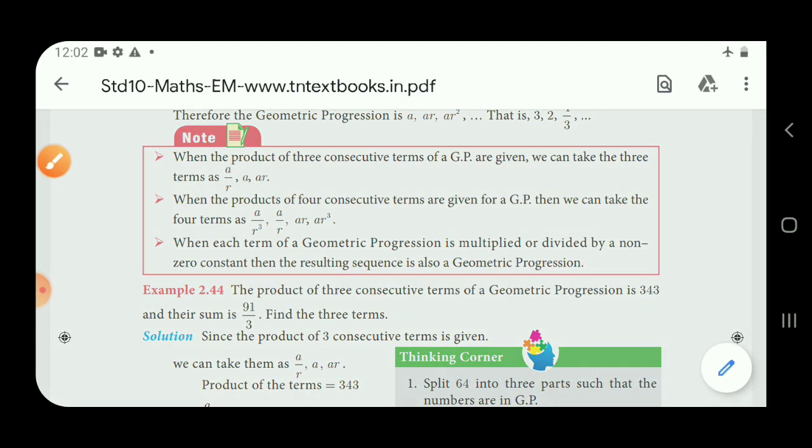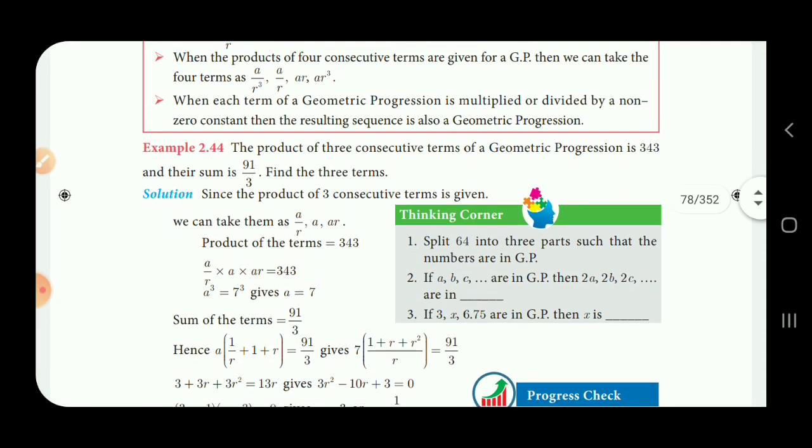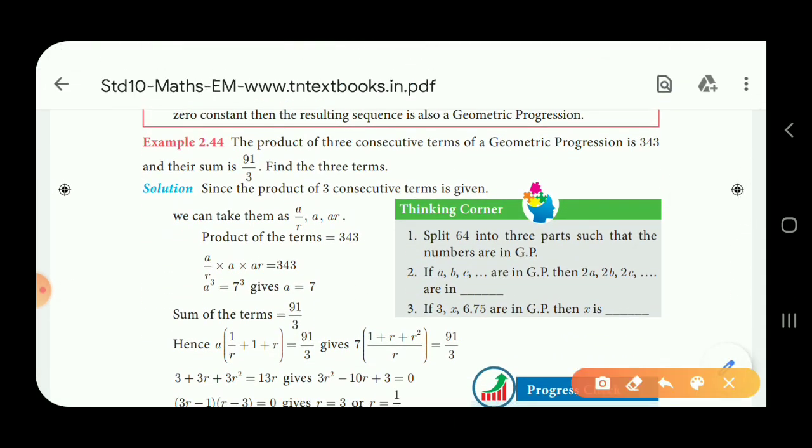So now you can see example 2.44. The product of three consecutive terms of a geometric progression is 343, and their sum is 91 by 3. Find the three terms.